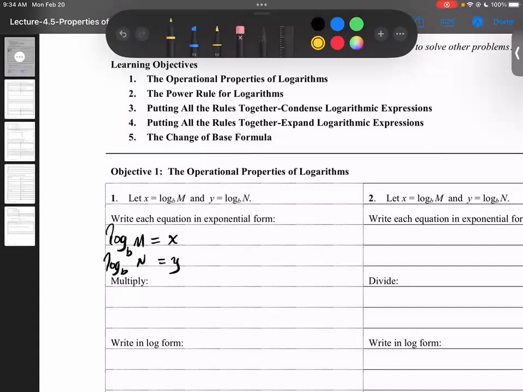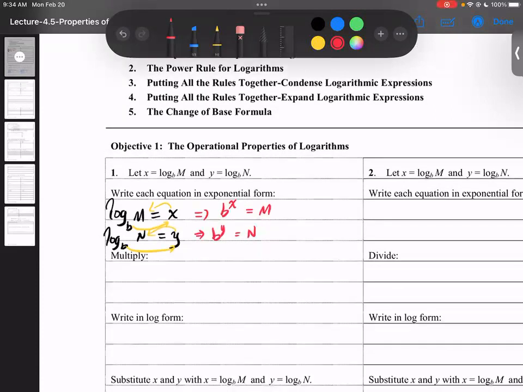Remember that tornado arrow to transform from log to exponential. So now I have b to the x equals m, and the second one will be b to the y equals n. So far, so good?